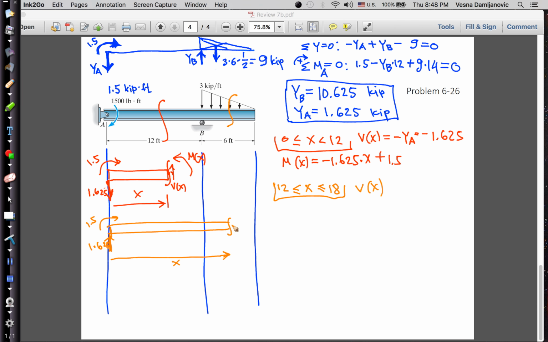And the only thing we've already drawn here, there's nothing here. But now we have the triangular load, which is kind of awkward because you see now we have actually a trapezoid. So where's the centroid of this trapezoid? Well, we know that the centroid of the trapezoid is right in the middle.